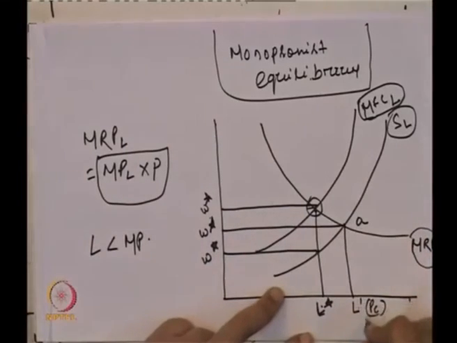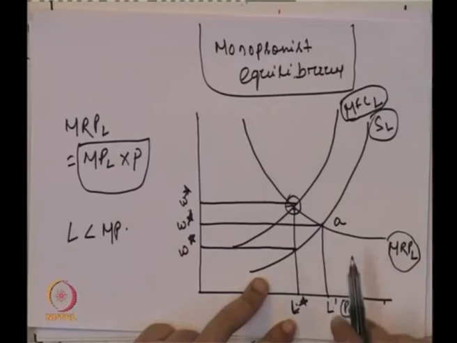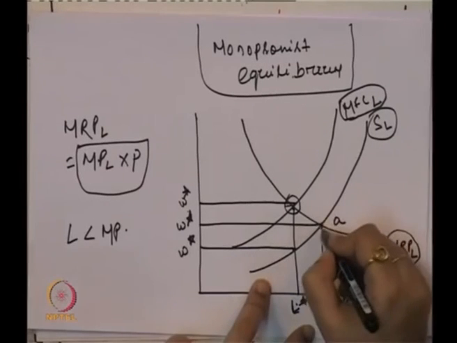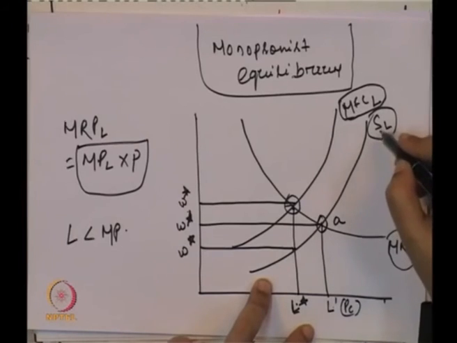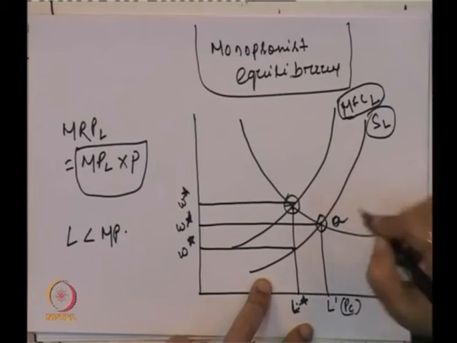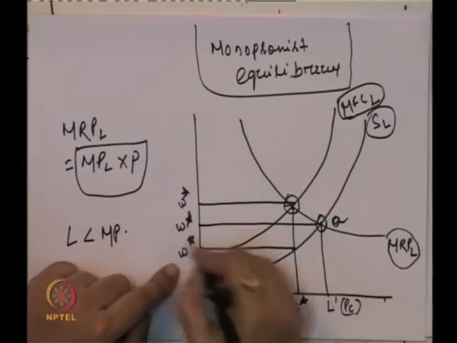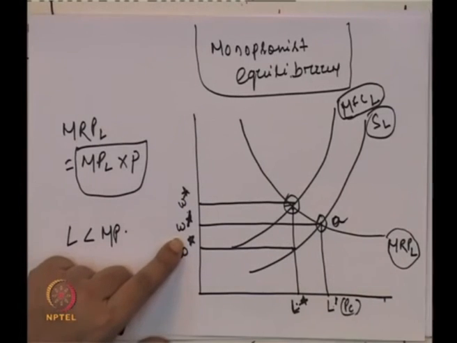L dash is what we ideally get through perfect competition. In the case of perfect competition, the equilibrium can be found with the help of supply of labor and demand for labor. Corresponding to that we get a point, that is A, where W dash is the wage rate and L dash is the amount of labor.